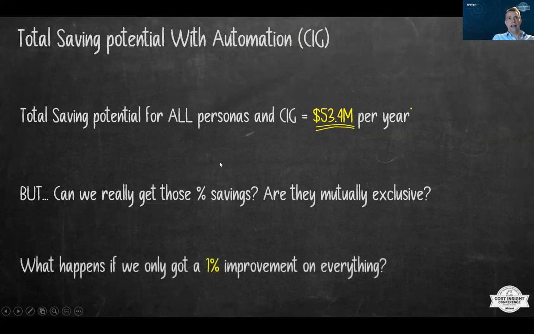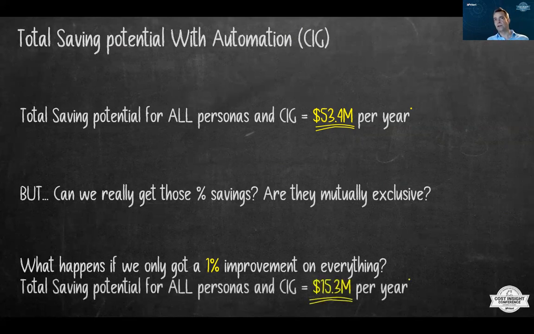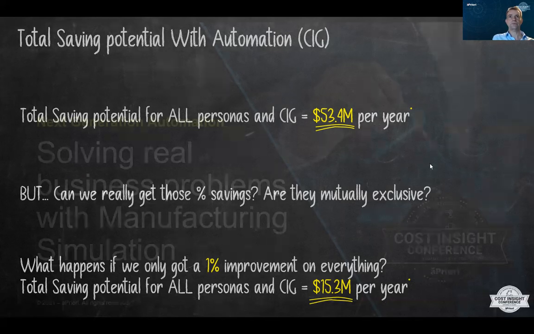Even if everything only had a 1% improvement, and everything I've just talked about, we only found 1% in every scenario, that's still worth 15.3 million a year. And I don't believe for a second there's an organization out there that's not interested in making that kind of impact. And we can do that with the insight and the automation.